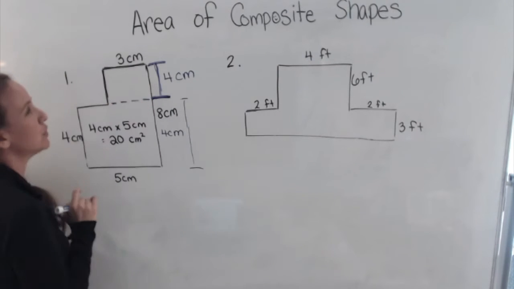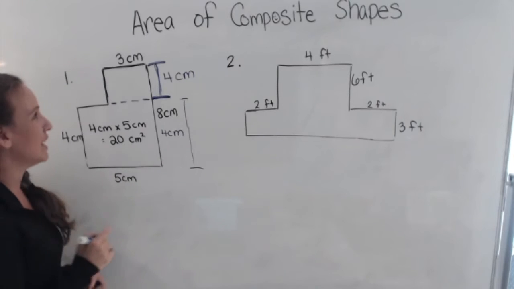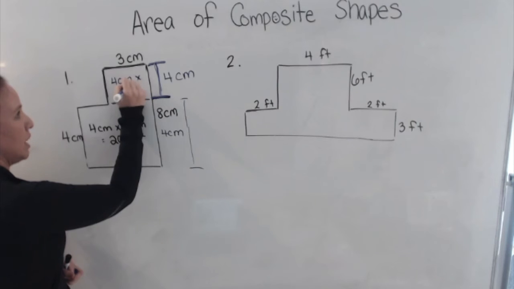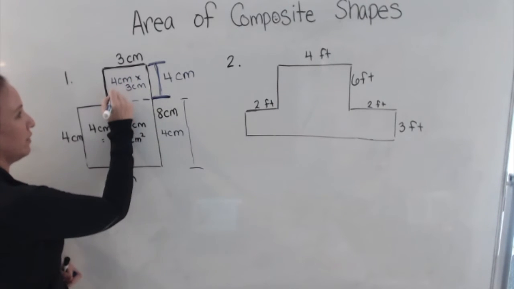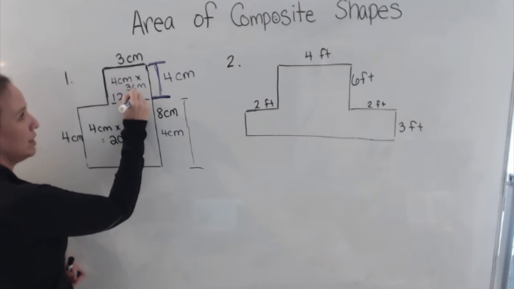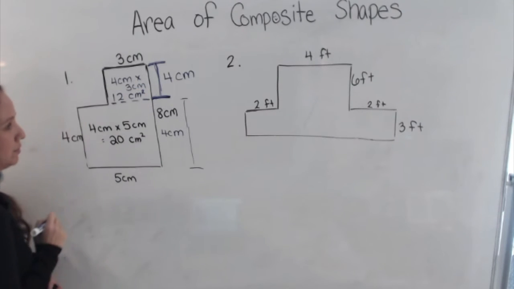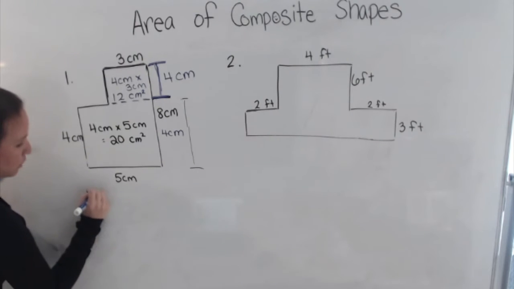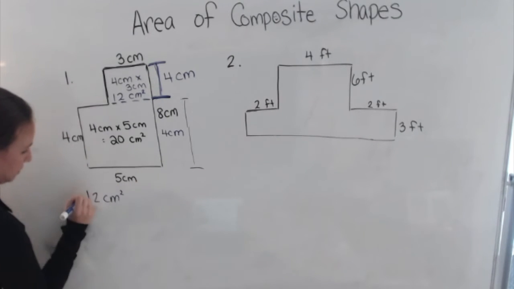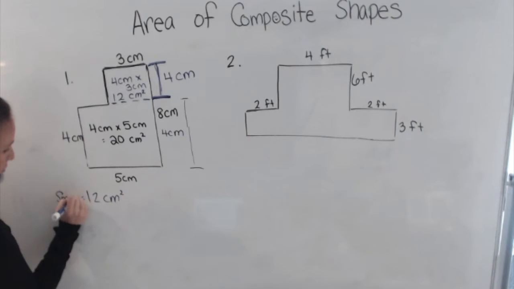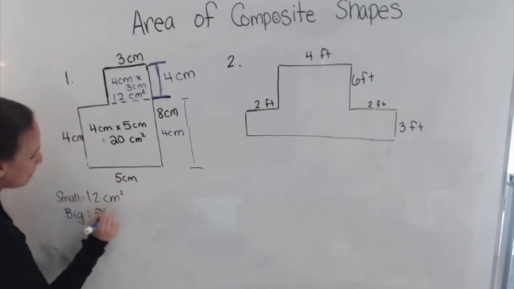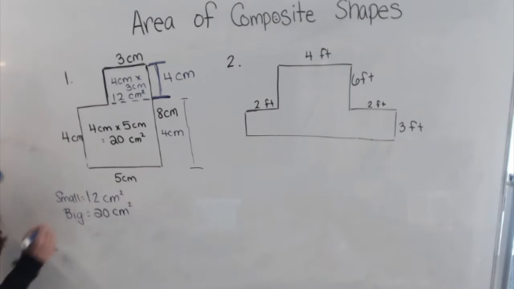So if the height is 4 centimeters and the length is 3 centimeters, we do 4 centimeters times 3 centimeters, which gives us 12 centimeters squared. Now, that gives us the small square and the big square, but I'm not asking for how much this small square is and how much the big square is.